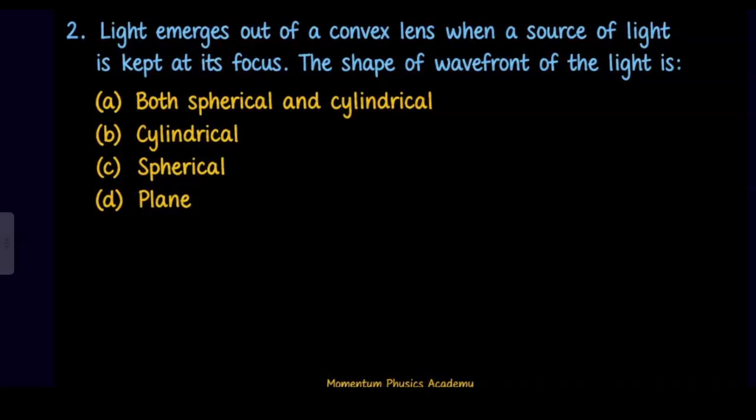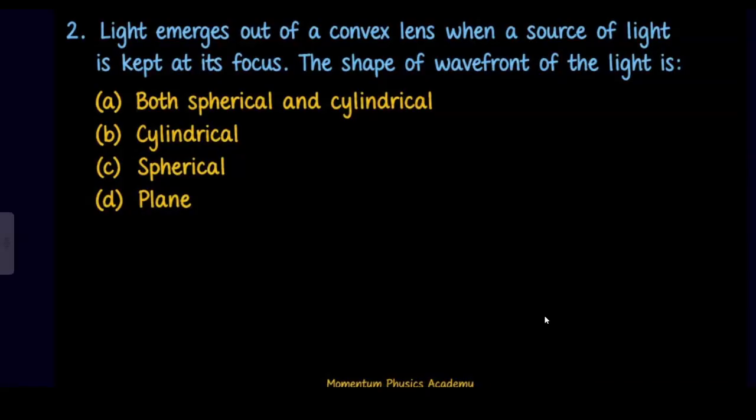So if the light rays are at infinite distance, then what type of wavefront can it form? We have discussed the different types of wavefronts yesterday. So what are the different types of wavefronts here?